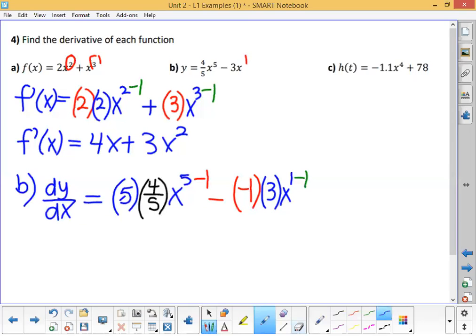So because this 5 cancels out with this 5, my final answer is dy over dx is equal to 4x to the power of 4 minus 3, because x to the power of 1 minus 1 is equal to x to the power of 0.